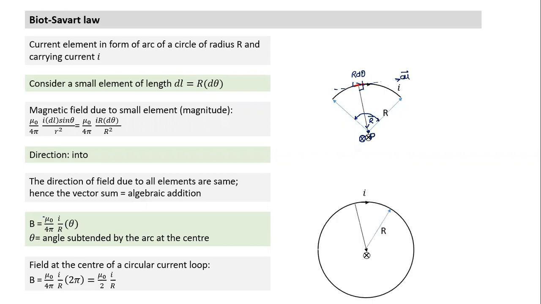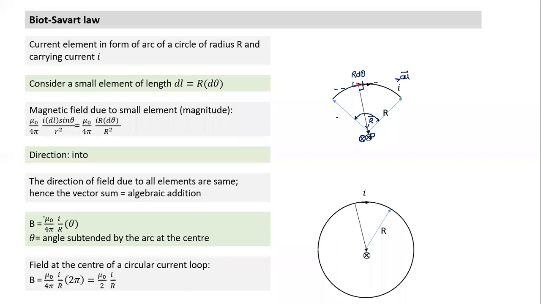Right, okay. And this is something you can think of: if this is the direction of current, and you curl your fingers in this direction of the right hand, your thumb will point into the plane of the circle, and this is the nature of the field. Due to a circular element, we can calculate the field only at the center. Can we calculate the field at any other point?